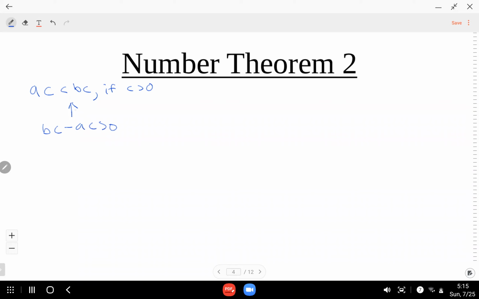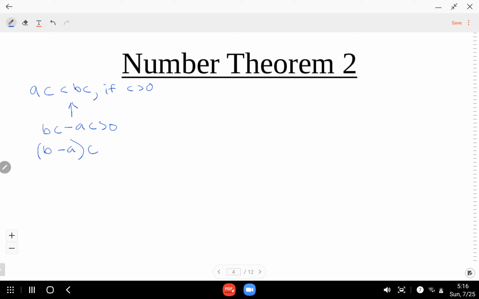So since there's C on both sides, then B minus A times C. Okay, and we're basically reversing the distributive property to factor this. Alright, so this is greater than 0, right? And how do we know that?